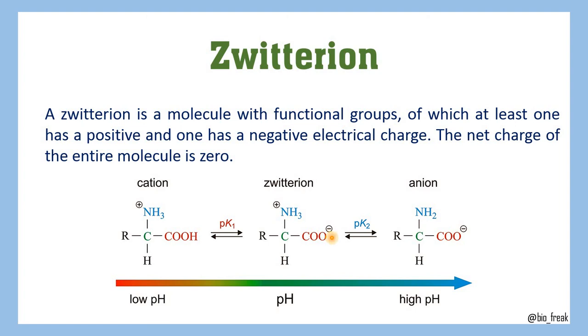So this H plus will move on to this particular basic group, that is the amino group. So that's how you get a zwitter ion. This is another important property of any amino acid: they are amphoteric in nature. They can act as acids and bases both.